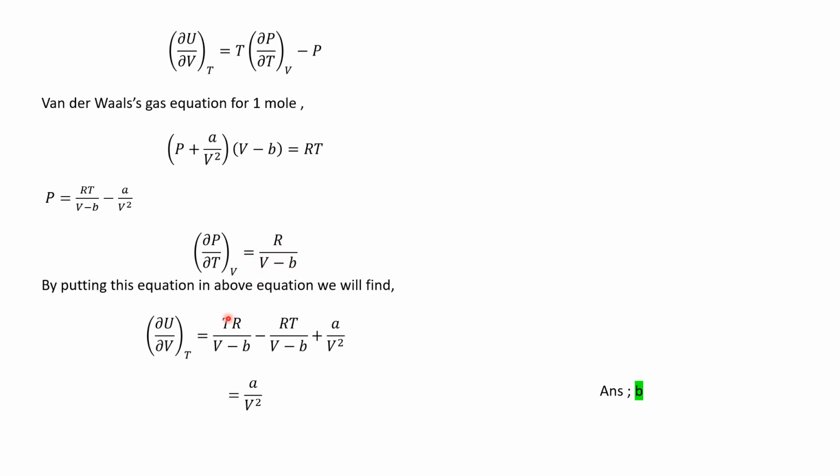So by putting this in the above equation, we can find del U by del V at constant temperature is equal to T into del P by del T at constant volume, that is R by V minus b. So here it will be TR by V minus b minus P, and P we know is equal to RT by V minus b minus a by V square. So here the final result will be a by V square, that is option B.